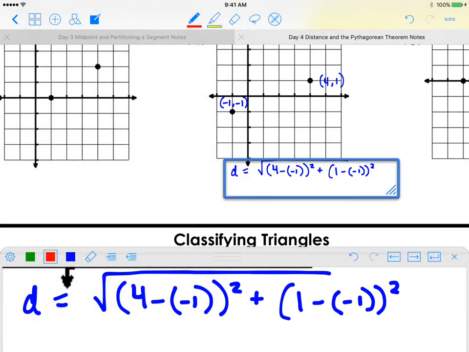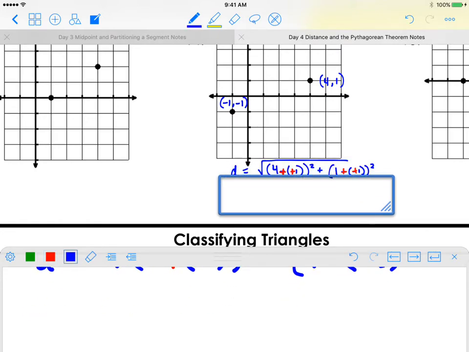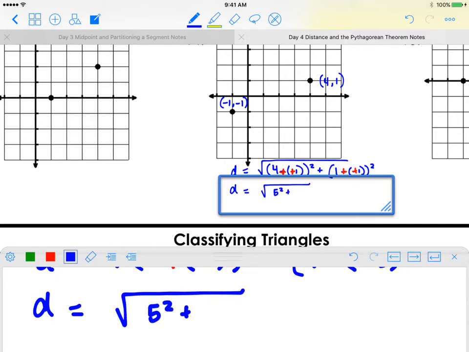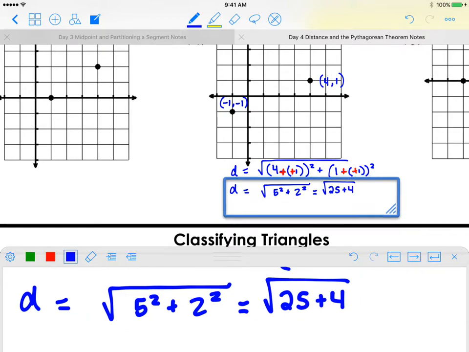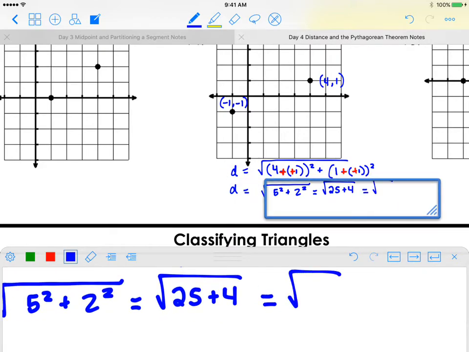Double negative makes a, yeah, you guessed it, a positive. So that double negative makes a positive. So distance equals the square root of 5 squared plus 2 squared, which is 25 plus 4, which becomes the square root of 29.